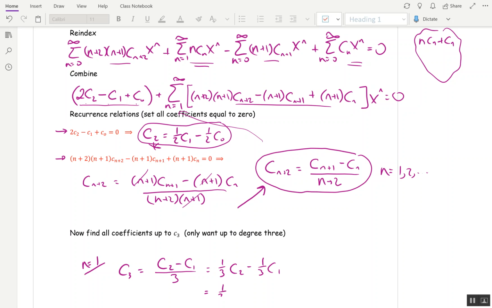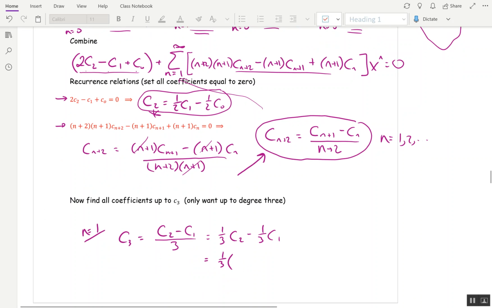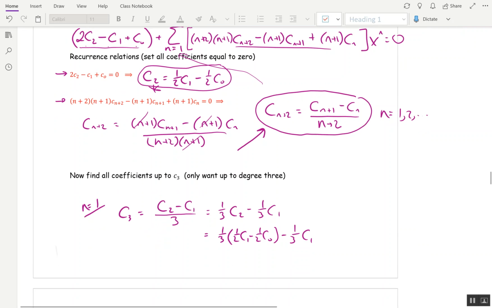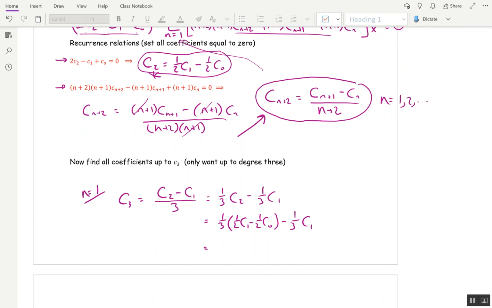C2 is 1/2 C1 minus 1/2 C0. Okay, and then minus 1/3 C1. So I can clean that up. That's 1/6 C1 minus 1/6 C0 minus 1/3 C1. A sixth take away a third is negative 1/6, so I get negative 1/6 C1 minus 1/6 C0. And I'm done.